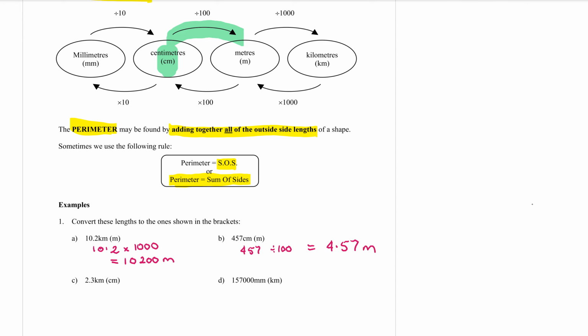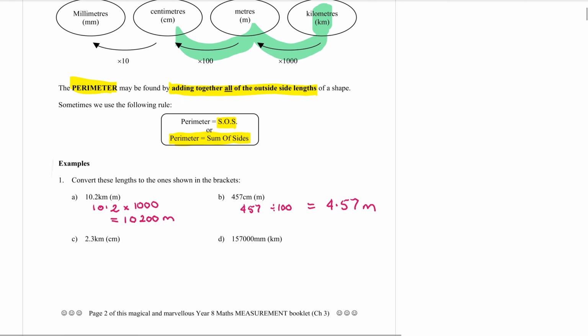Part C, we want to convert 2.3 kilometers to centimeters. So we're here at kilometers. To get to centimeters, I'm going to have to do 2 jumps. I'm going to have to go to meters and then to centimeters. So I need to times by 1000 and times by 100.